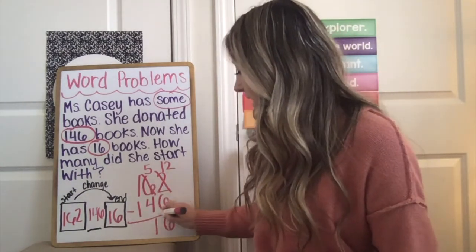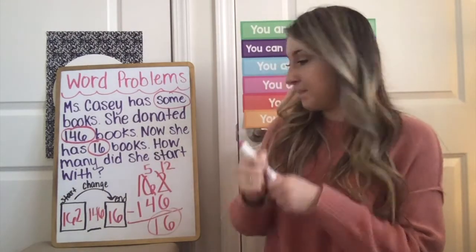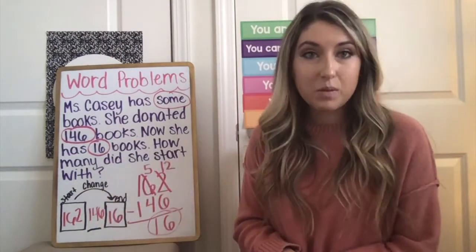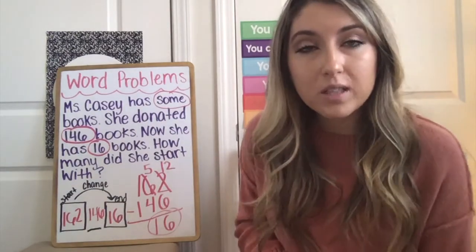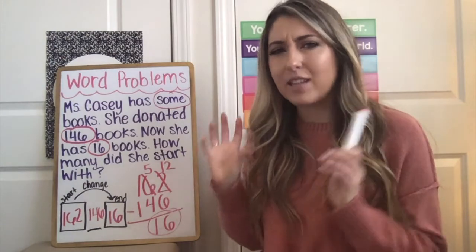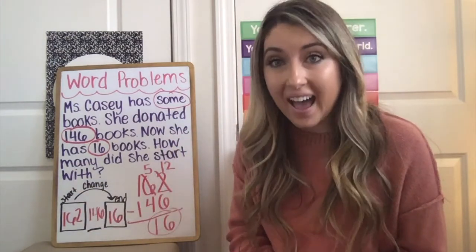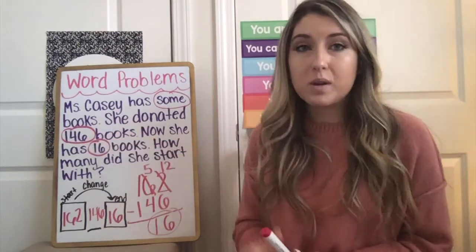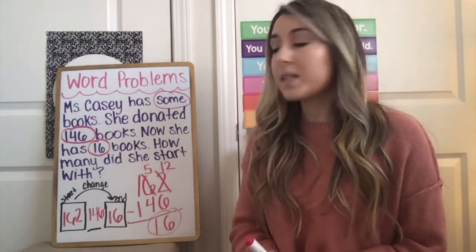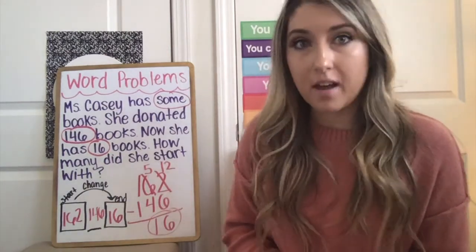So my answer is 16. Isn't that how many books I ended with? So when you're solving a word problem, that the unknown, right, the thing that I don't know, is in the beginning, I'm going to add the other 2 numbers in my problem so I can figure out how much I started with. We're going to try another one.